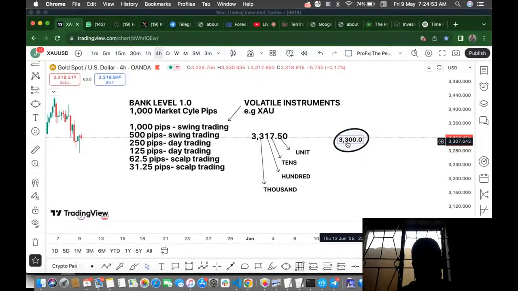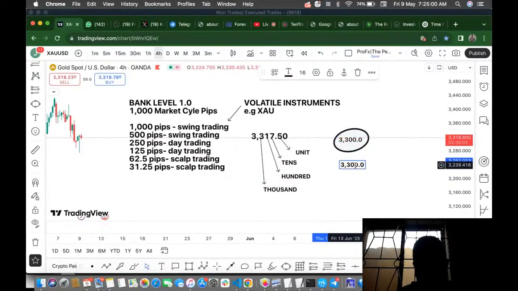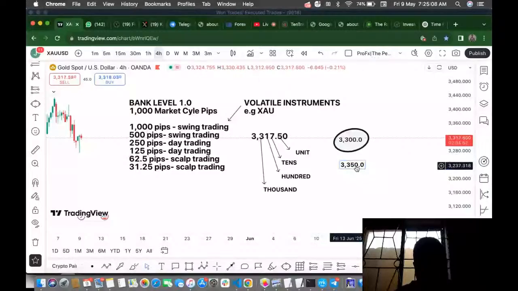Let me give you another example. If I put the price of 3,350, this is a 500 bank level. Why? Because of the 5. This is a 500 bank level because of the 5.